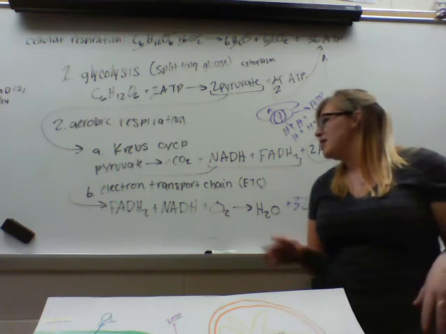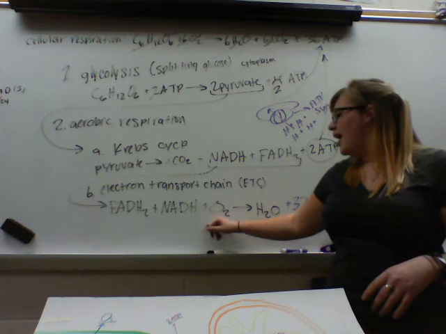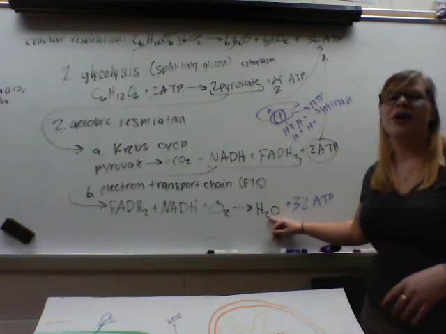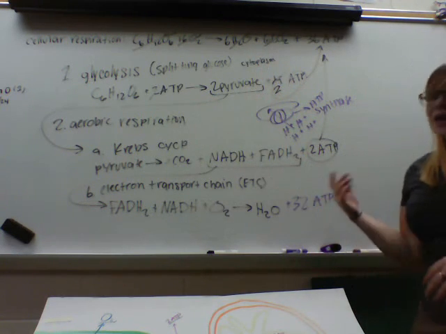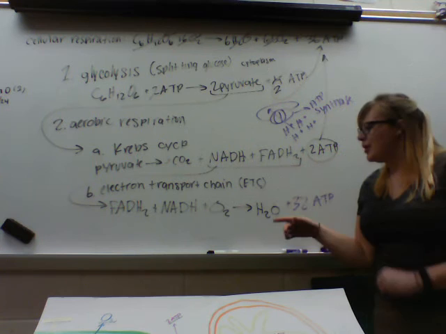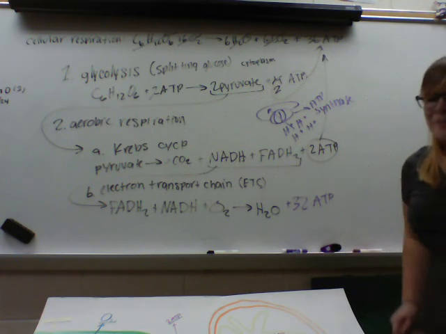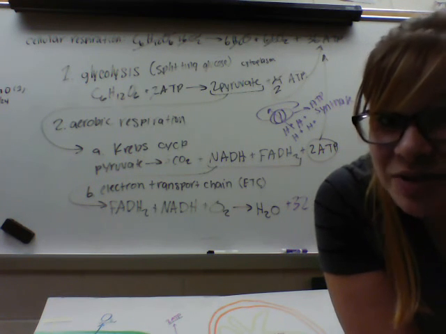When those hydrogens reach the end of the chain, oxygen's at the end waiting for them. And when you combine hydrogens and oxygens, you get water. Water is one of our products, and so we've crossed that out. And then, with the remainder of the H's that were not used to make water, you spin the generator and you produce ATP. Keep in mind that respiration happens every time that we breathe.